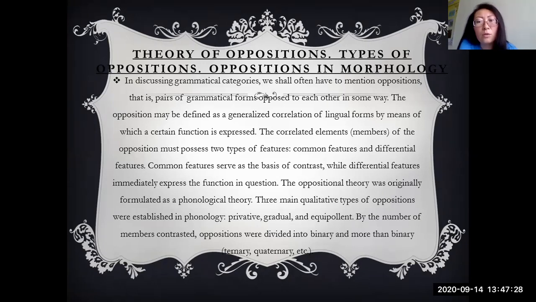The oppositional theory was originally formulated as a phonological theory. Three main qualitative types of oppositions were established in phonology: privative, gradual, and equipollent. By the number of members contrasted, oppositions were divided into binary and more than binary, ternary and quaternary, etc.